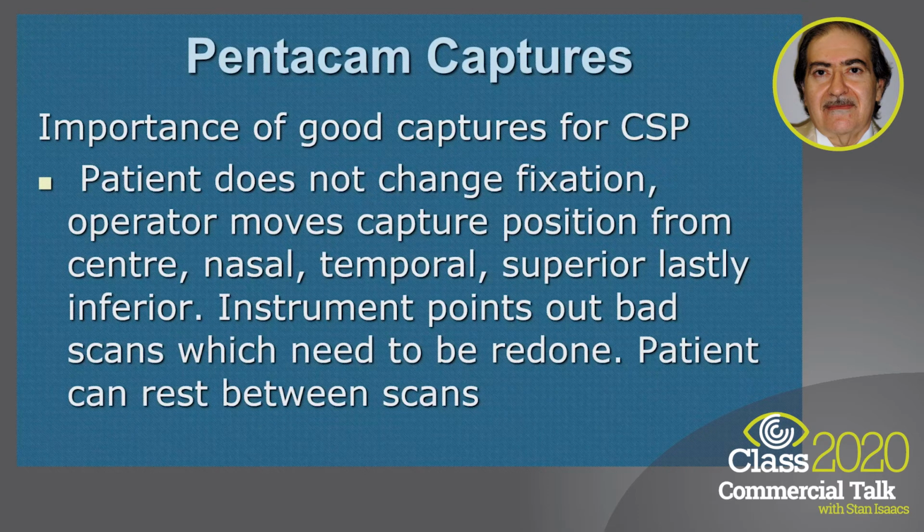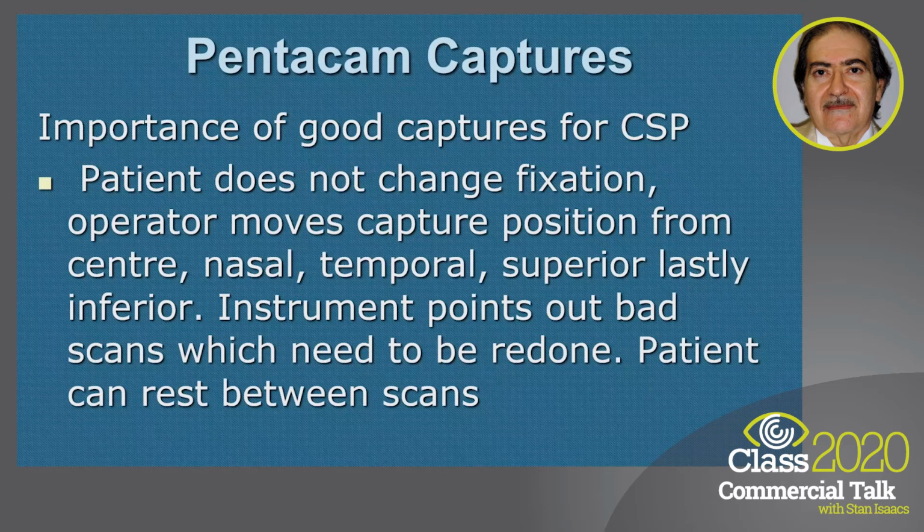So how this machine works is the patient keeps on looking at the same point, and then the machine moves to these locations in order to get a capture. The good thing about this is that if your scans are bad, it will tell you, and it will tell you to redo them, right?